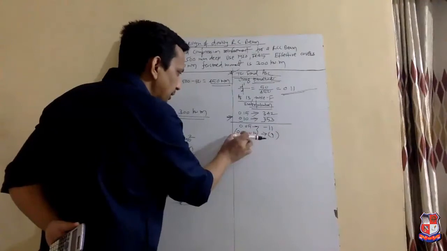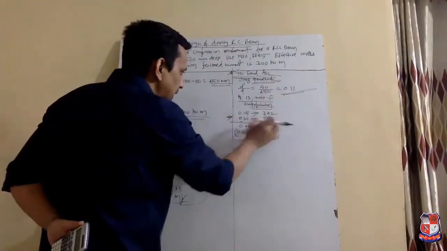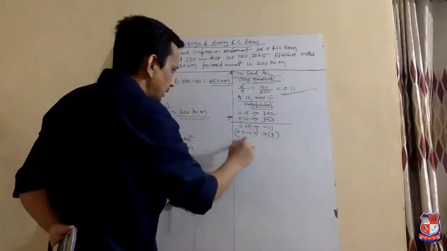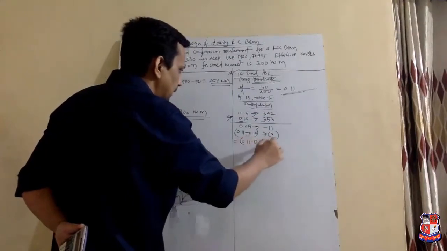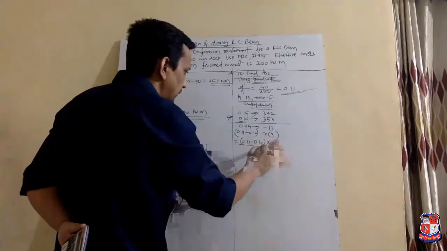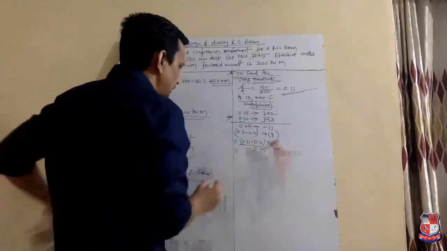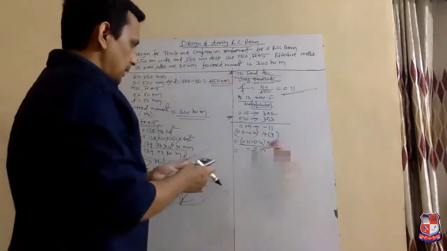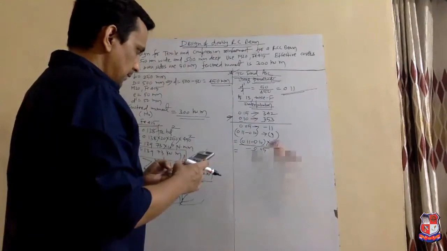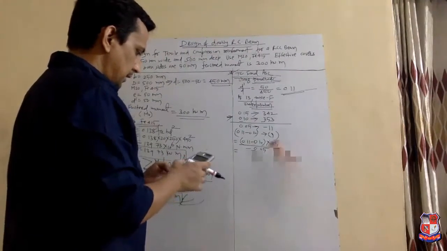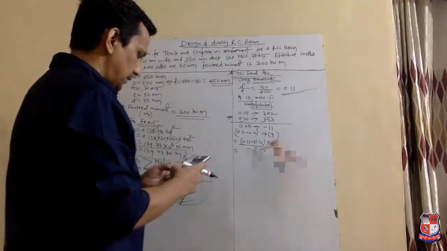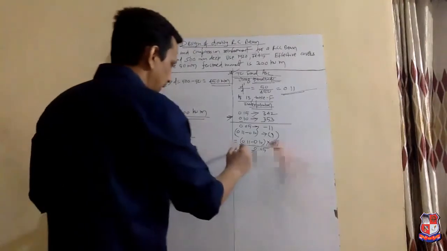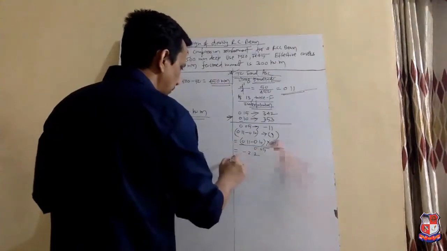For the difference of 0.11 minus 0.10 is equal to how much? It is equal to (0.11 minus 0.10) into minus 11 divided by 0.05. So we get minus 2.2.